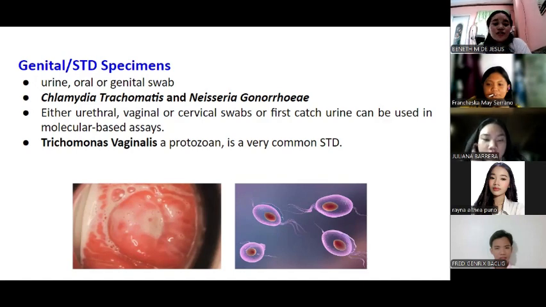So either urethral, vaginal, or cervical swabs or first catch urine can be used in molecular based assay. So pwede ka makapag-test nito hindi lang sa pap smear, pwede rin yung sa ihi, katulad nga ng sabi ni Miss Cheska kanina. Marami kasi yan. So, Trichomonas vaginalis as a protozoan is a very common STD.